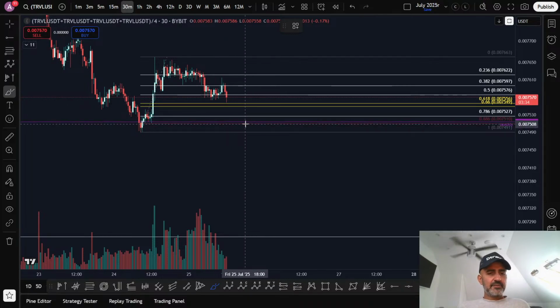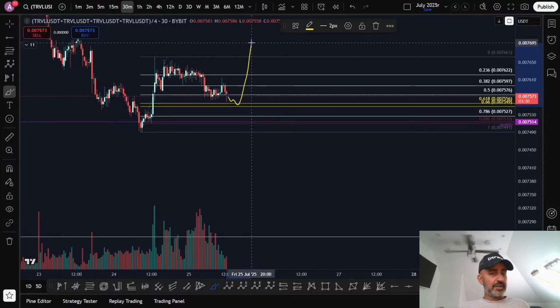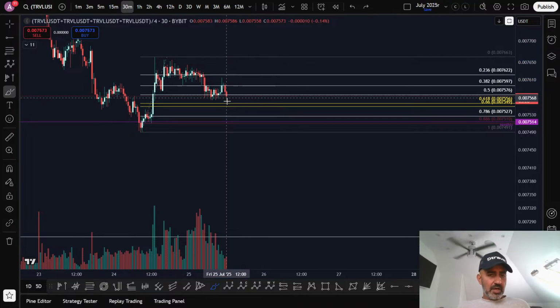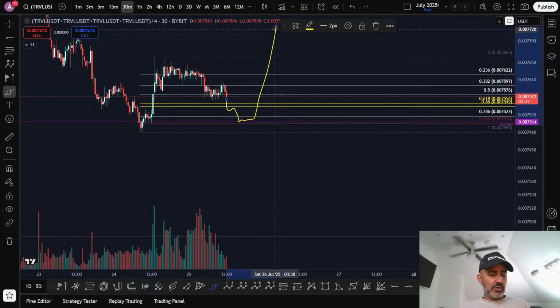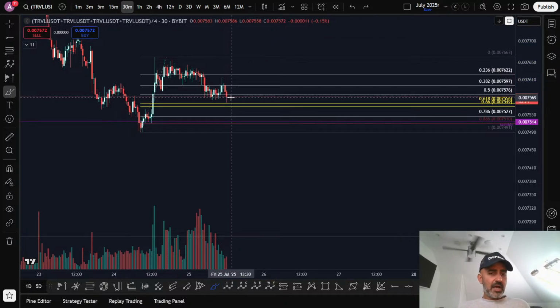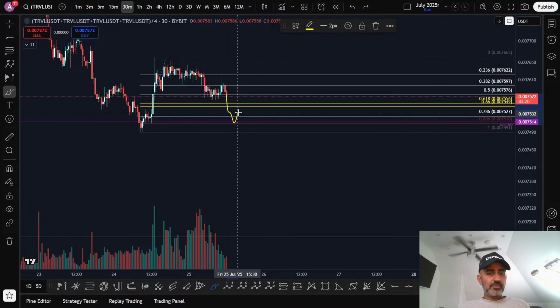That's our last line of defense, that monthly level. This is a good place for the price to find support and go up if it wants to. Otherwise, you lose this level, then you have to expand up, otherwise you get into trouble.